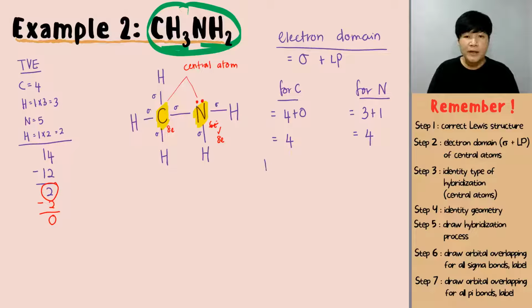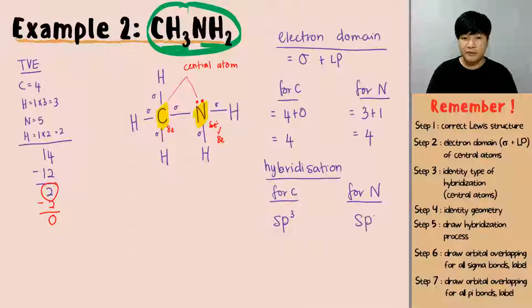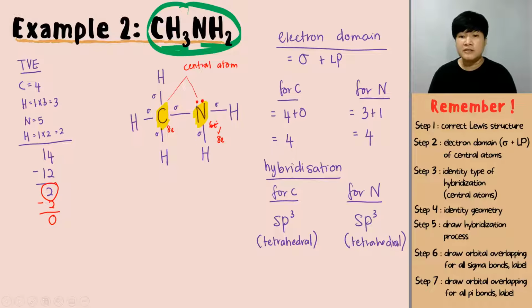From the electron domain, you can determine the hybridization. The hybridization for carbon, due to the electron domain being 4, is sp3. While for nitrogen, the hybridization is also sp3 because the electron domain is the same. Therefore, both of them will have a basic geometry of tetrahedral. Bear that in mind, the tetrahedral is the geometry of your sp3 hybridized orbital, not for the molecule.